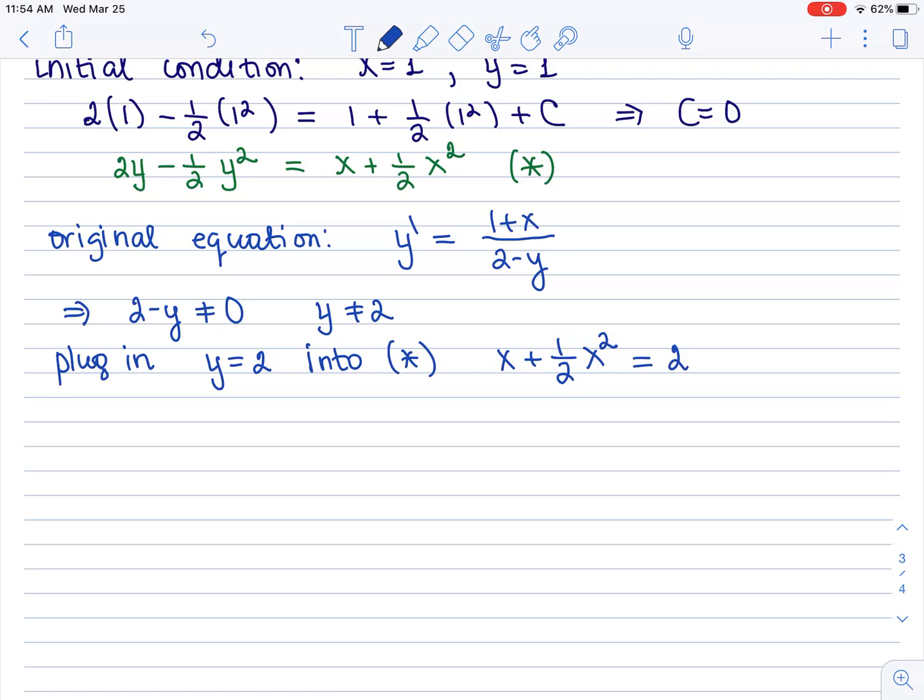So we're basically solving this quadratic equation: 1/2 x squared plus x minus 2 is equal to 0, which we can write as x squared plus 2x minus 4 is equal to 0. I just multiplied both sides of the equation by 2. Using the quadratic formula, I'm going to let you fill in the gaps here, but you should get 2 distinct roots, and they're -1 plus or minus root 5.